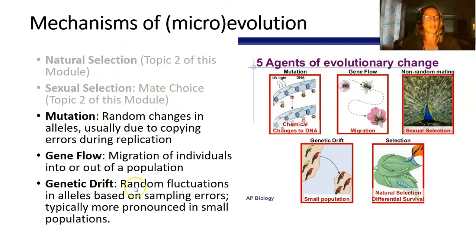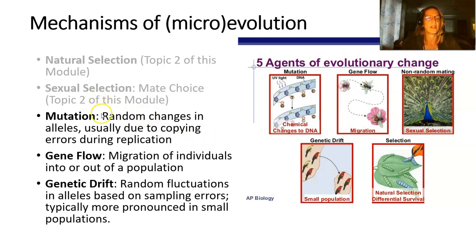Mutation, gene flow, and genetic drift are going to be the ones that are going to be included in this evolution topic. This is basically just the same 5 agents of evolutionary change, or 5 mechanisms of microevolution. Mutation, gene flow, which is also caused by migration, sexual selection, natural selection, and genetic drift.